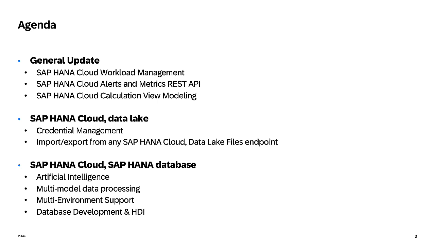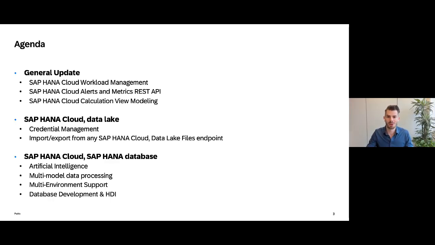Later on, we will dive deeper into the innovations specifically related to our data lake in SAP HANA Cloud, and I'm proud to have Jason Hinsberger, our product expert for the data lake, with us covering those topics. And then the next section is precisely about the SAP HANA Cloud, SAP HANA database. And here, some of our product experts will guide us through innovations in the various areas, specifically talking about artificial intelligence and the innovations in the area of our predictive analysis library.